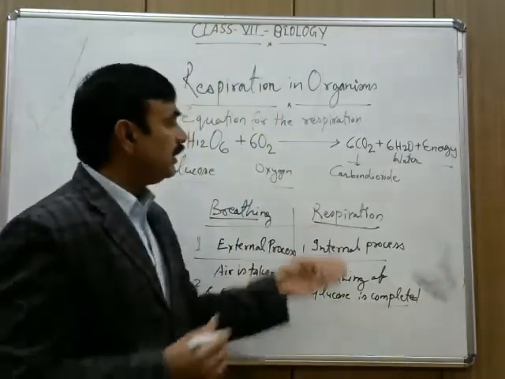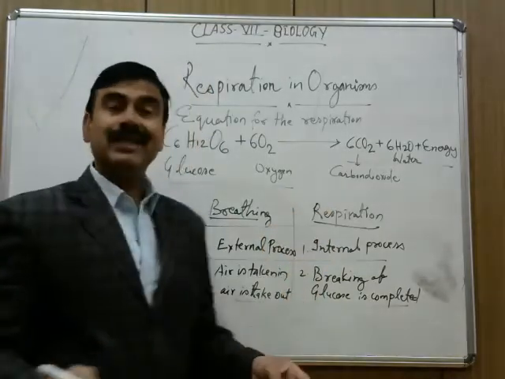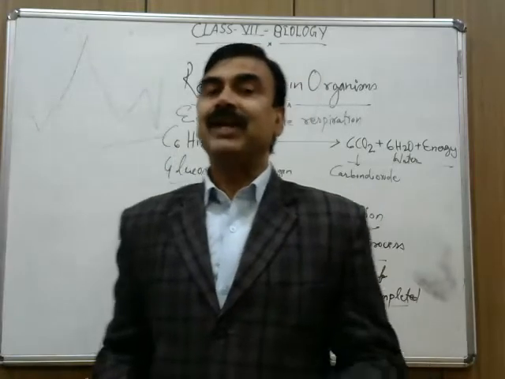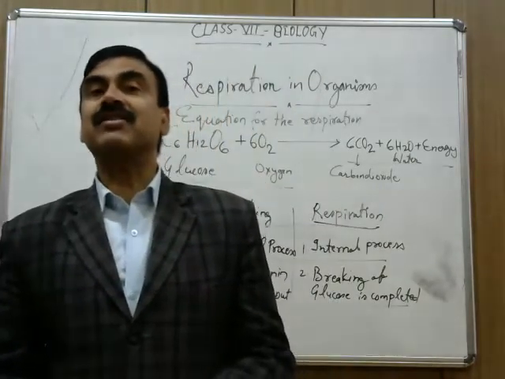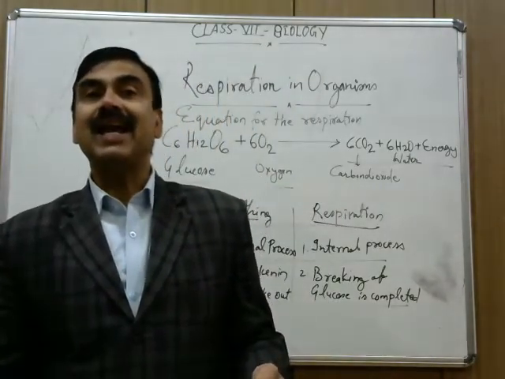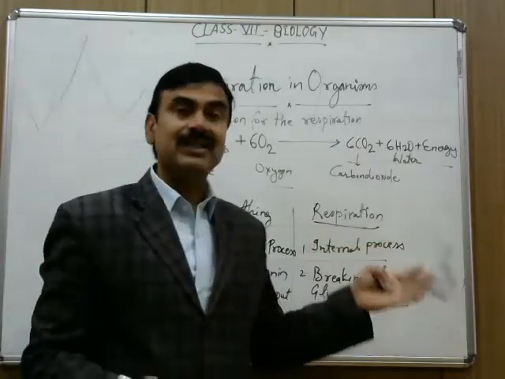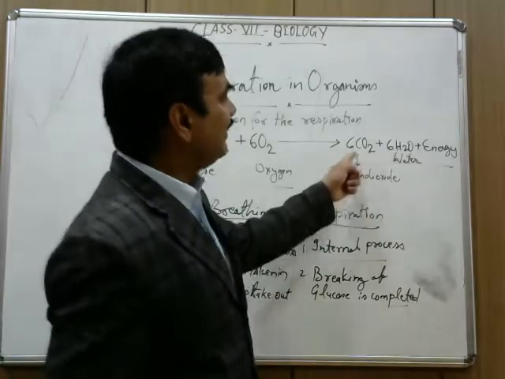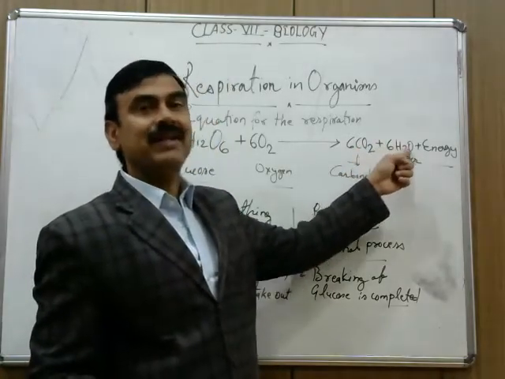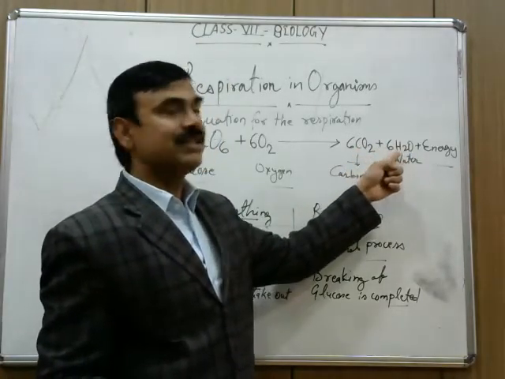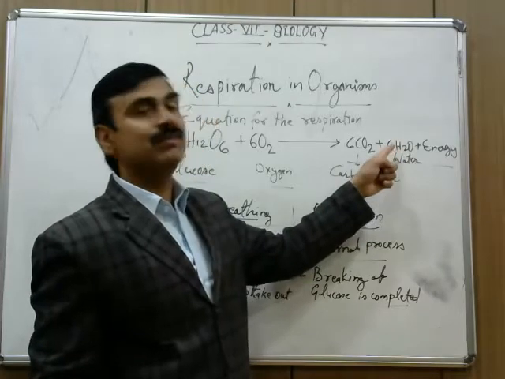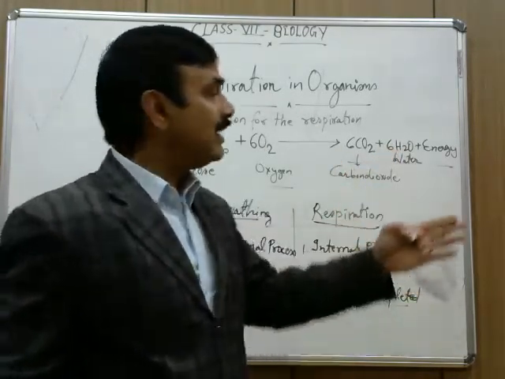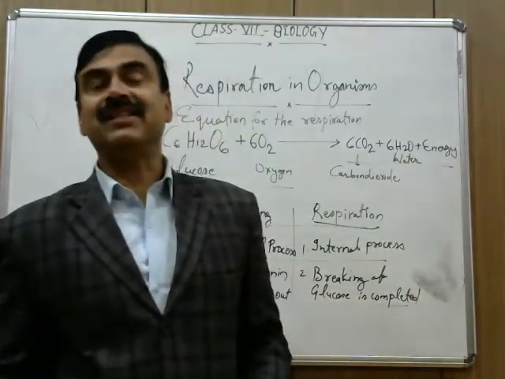But on the other hand, respiration is cellular breakdown. It is internal, and in this cellular respiration, oxygen is taken in, and it is a chemical process, an internal complex process in which the glucose is broken down, and 6 molecules of carbon dioxide and 6 molecules of water are given out and energy is released, right?